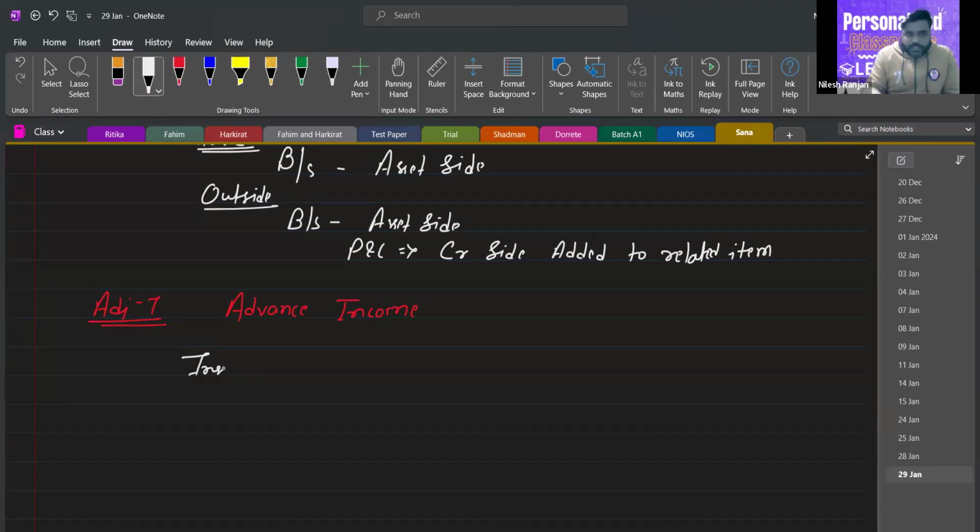So if it is inside, then balance sheet, liability side.